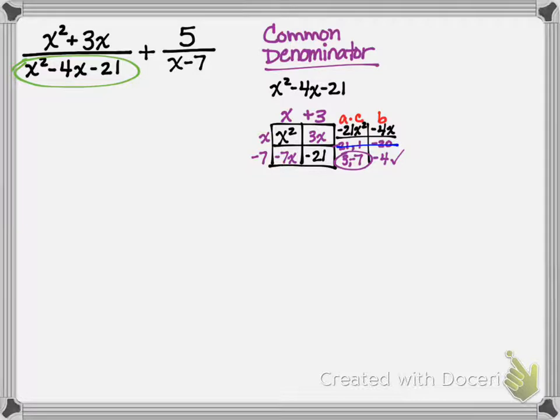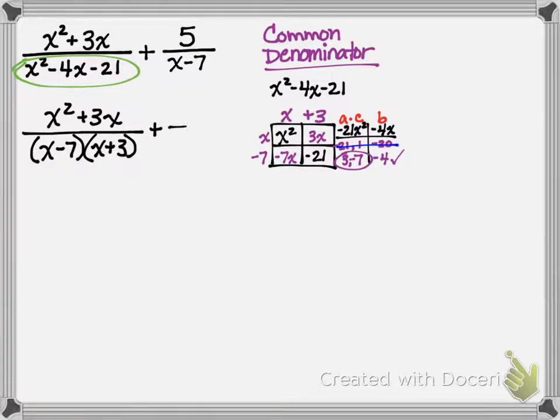So I can rewrite that first expression to be x squared plus 3x over x minus 7, x plus 3, plus 5 over x minus 7.